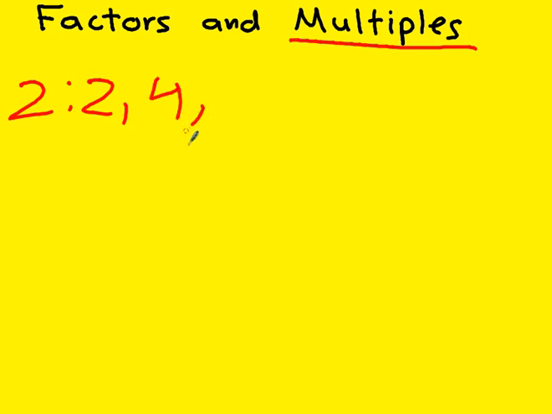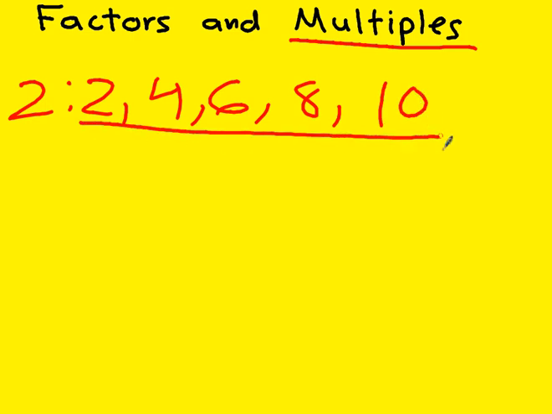What's 2 times 3? 6. 2 times 4? 8. 2 times 5? 10.